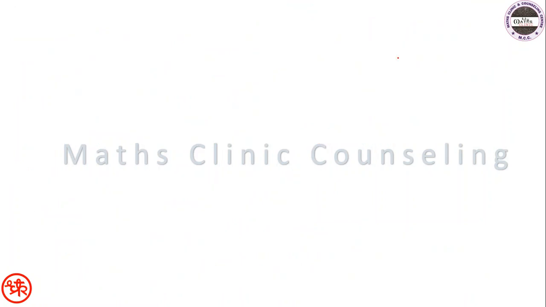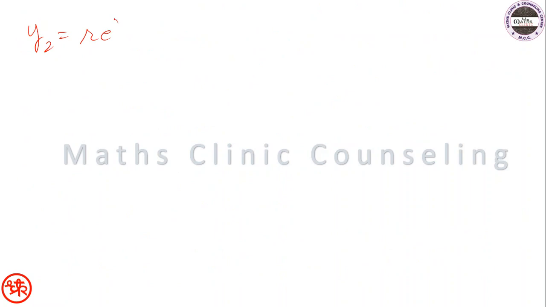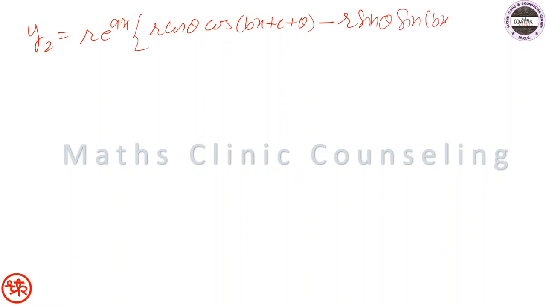So you will get y2 is equal to r e to the power ax into r cos theta cos of bx plus c plus theta minus r sin theta into sin of bx plus c plus theta.